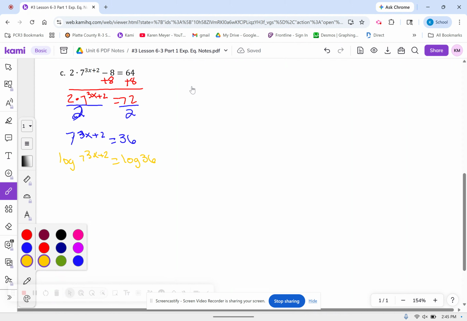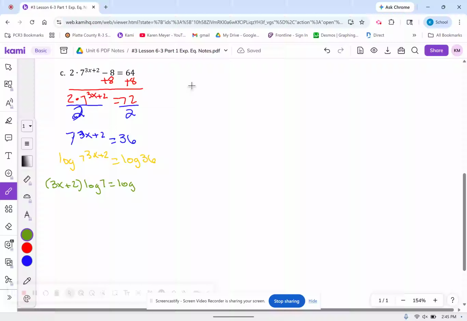Then I'm going to take my power and move that in front, and put that in parentheses. And then on the left side, I want to get rid of the log 7, so I'm going to divide that away.